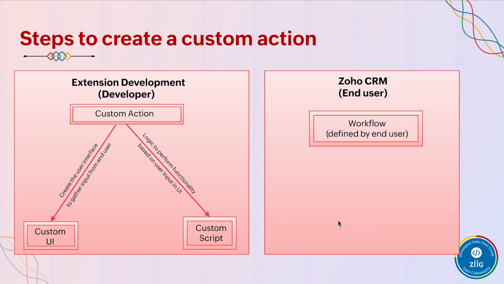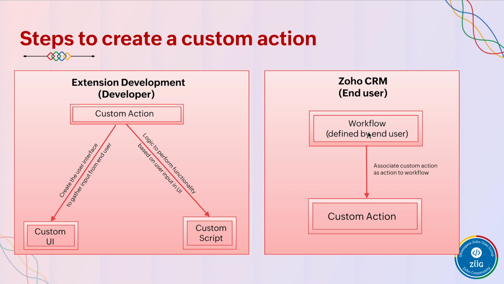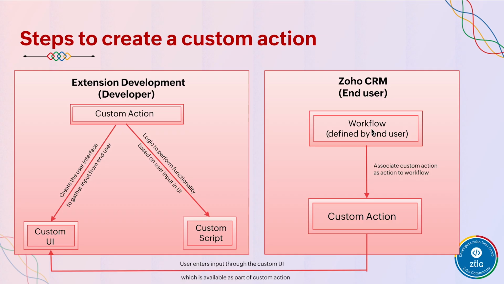Once this feature alone is handled as an extension, that extension will be provided to the end user. The end user, in their Zoho CRM account, can define workflows. They can specify criteria and associate this custom action that you've created as part of their workflow. Once they associate it, as soon as they associate the custom action, they will be prompted with the custom UI, where they can provide their personalized input.